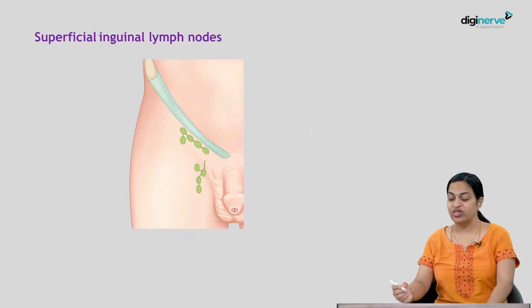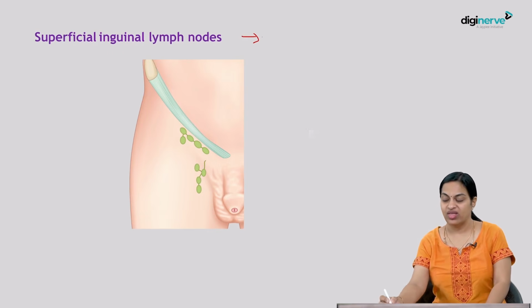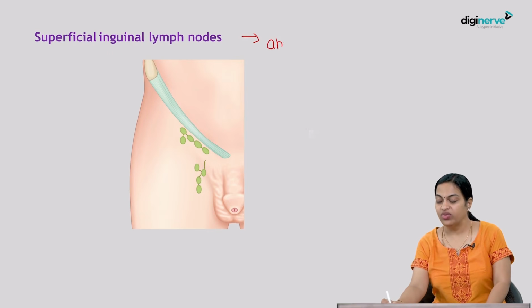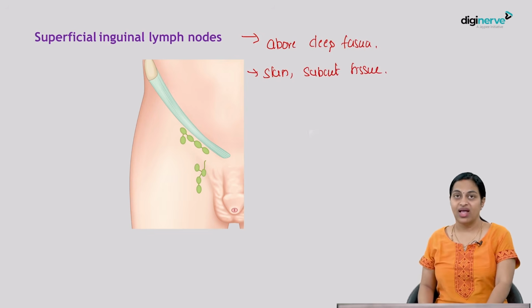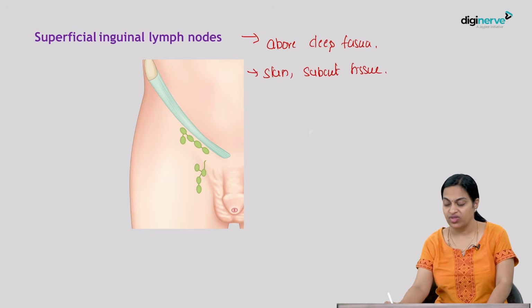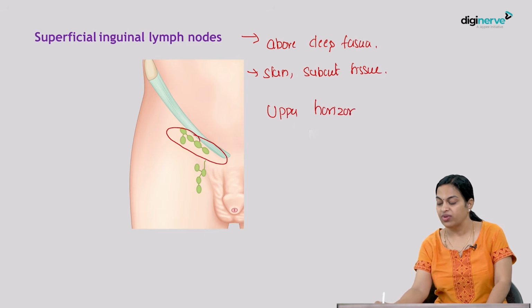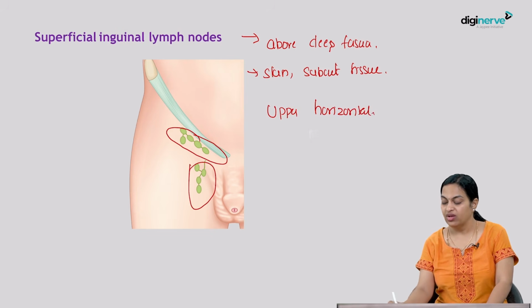So the superficial inguinal lymph nodes lie above the deep fascia. They drain the skin and the subcutaneous tissue of the lower limb. They are arranged as two groups: an upper horizontal group and a lower vertical group.